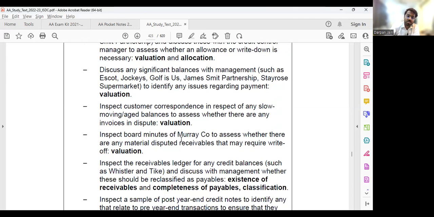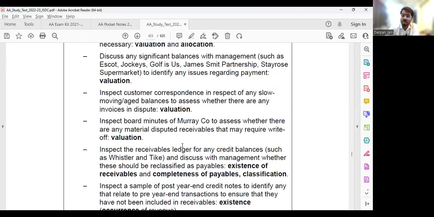Next, you can inspect the customer correspondence in respect of these slow moving balances. What do you mean by correspondence? Communication. You can inspect the communication between the company and the client with respect to these slow moving balances, because for the slow moving balances, probably there might be a communication between the client and the customer of insolvency of the customer, or why the customer is not paying.